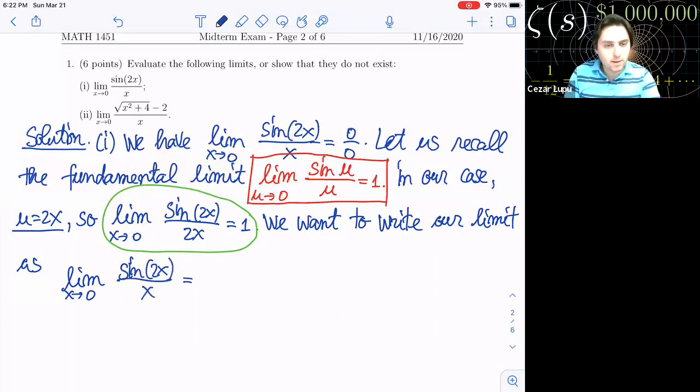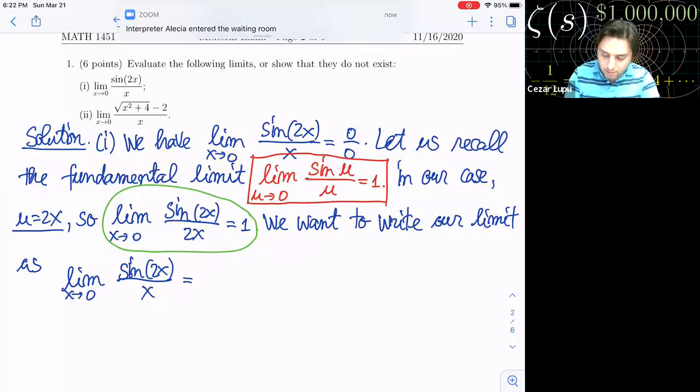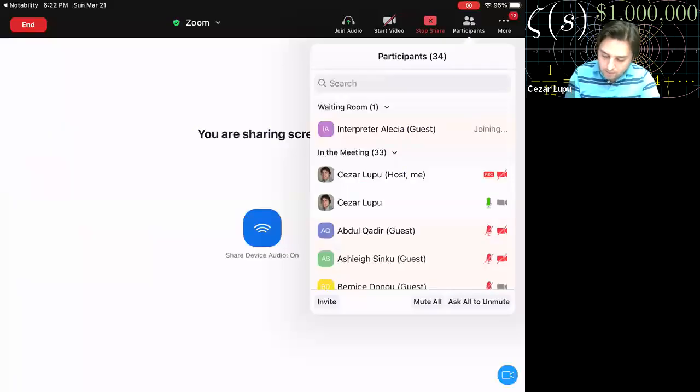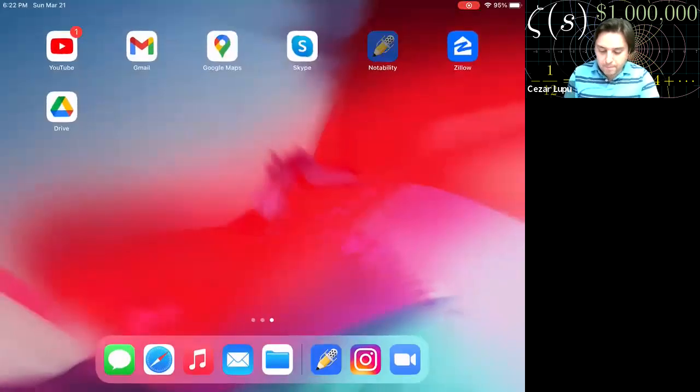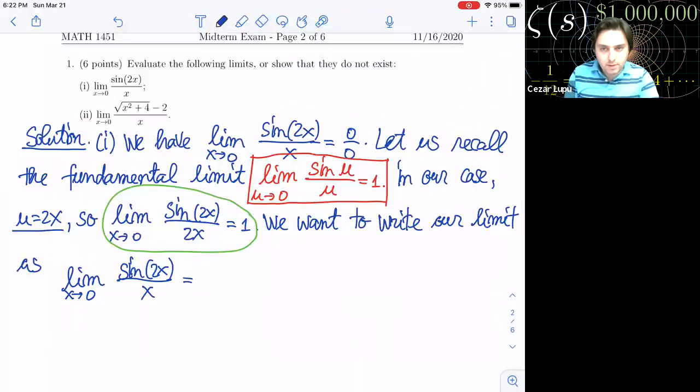I want you to be very careful here, because I would like to write this limit in terms of the limit that is in green. So let's do it.